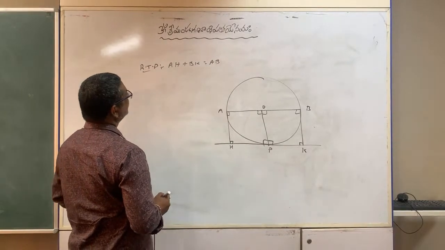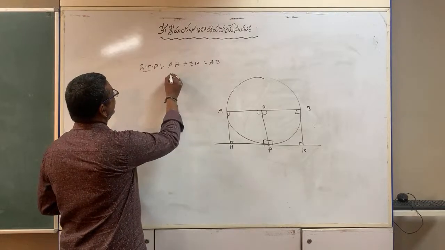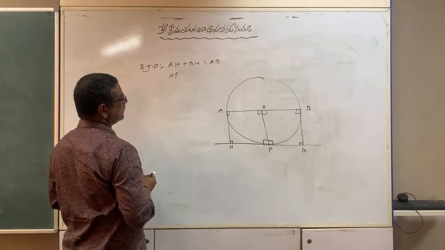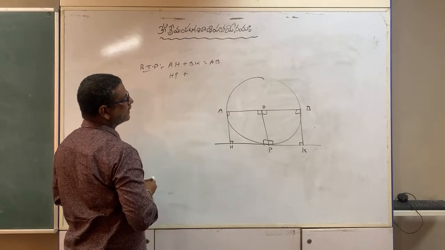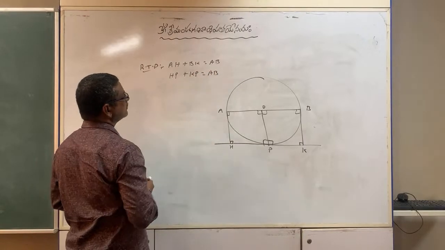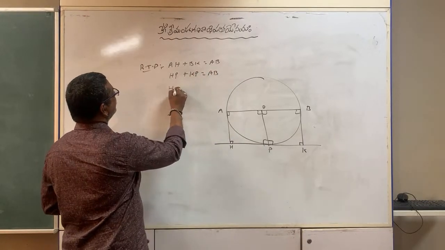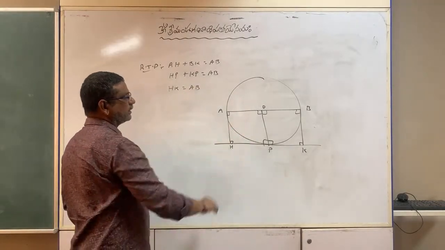Sir, AH ని HP అనొచ్చా? Yes sir. Then BK ని... Tangents are equal. ఇది HK కదా? HK is equal to AB. అంతే కదా?